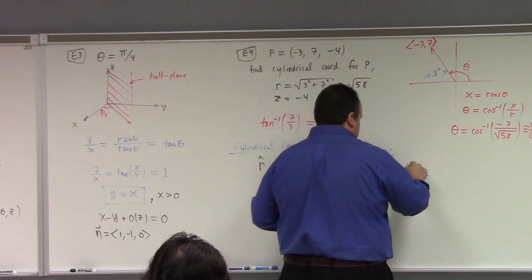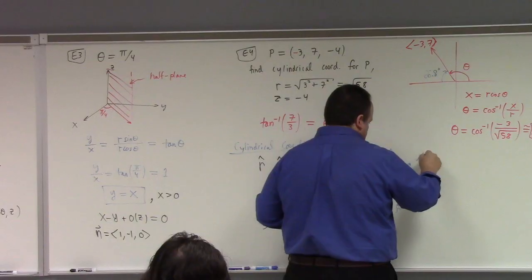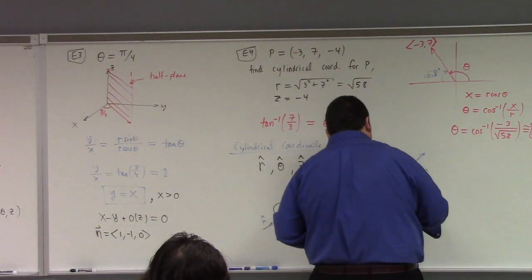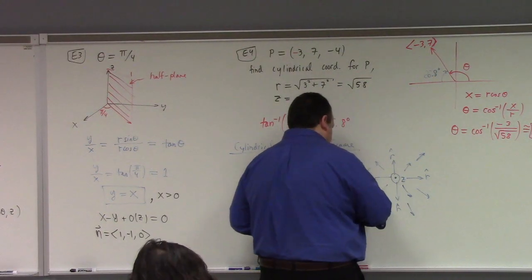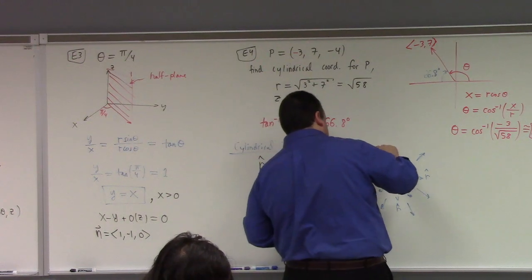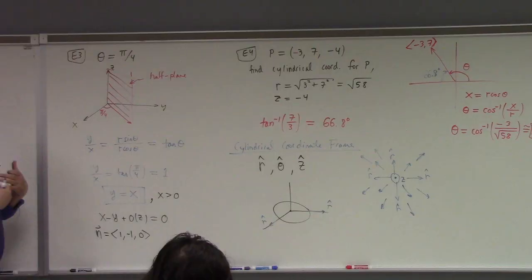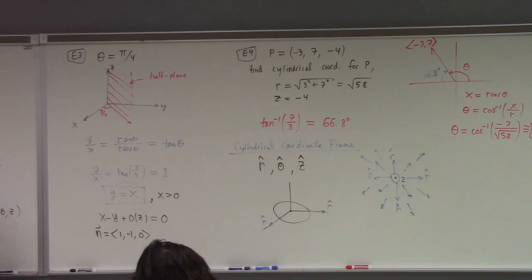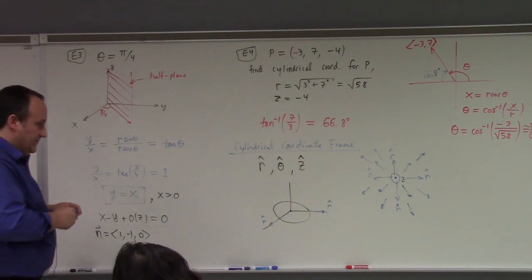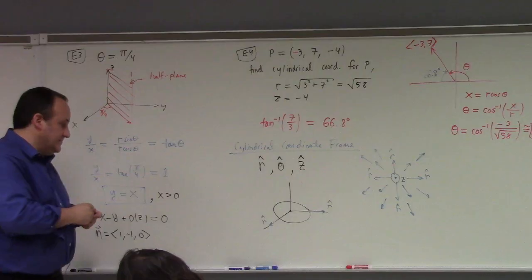Now it doesn't have to be based on the z-axis, mind you. It's a length 1 vector that points away from the z-axis. So what r hat is, it's a unit vector of length 1 that points in the direction of increasing r. I'll repeat that. R hat is a unit vector, really a unit vector field.